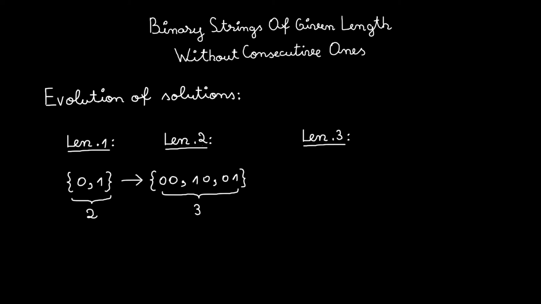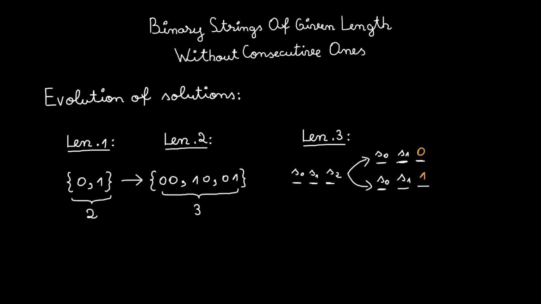Let's take a look at the ones of length 3. They consist of 3 characters, which we will note by S0, S1, and S2. The difference between them and the previous ones is that they have one extra character at the end, which can be either 0 or 1.